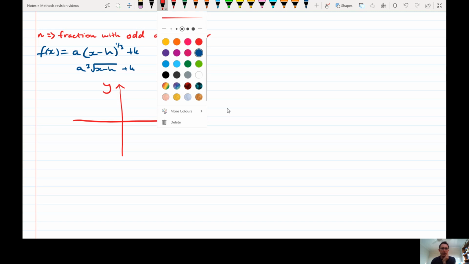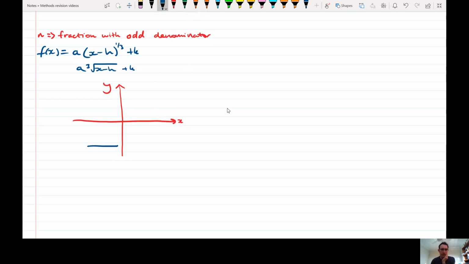Because when we draw this graph, it is an inverse of a cubic, so it goes vertical just that little bit there and continues on. So the point where it goes vertical, where the gradient becomes undefined, is at h, k. I'm not entirely sure it's called an inflection point. We're going to call it that for now. It's h, k.